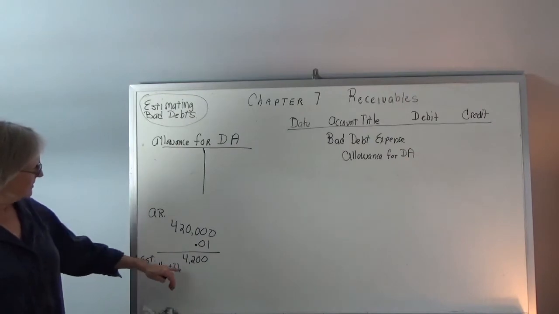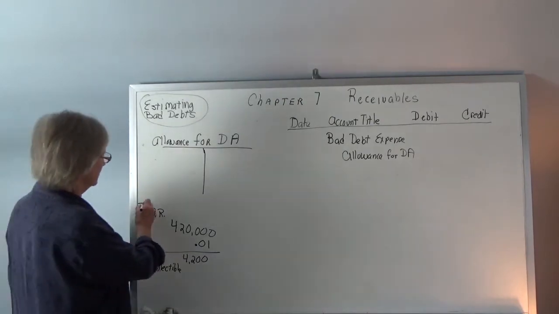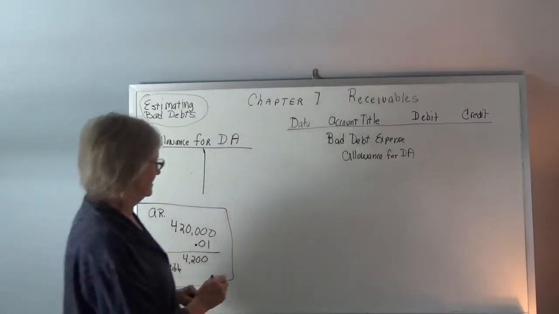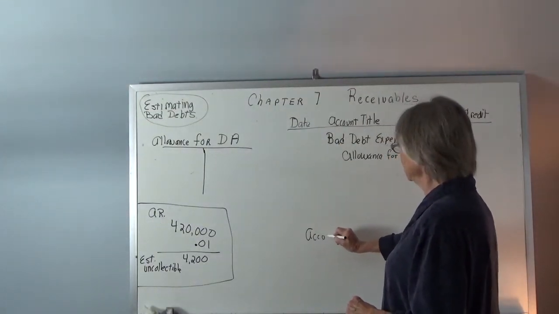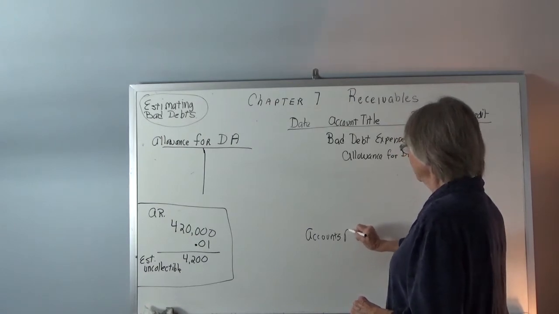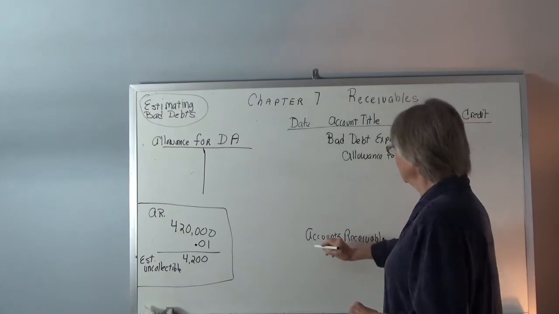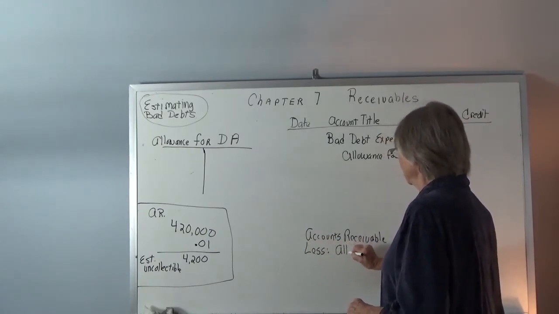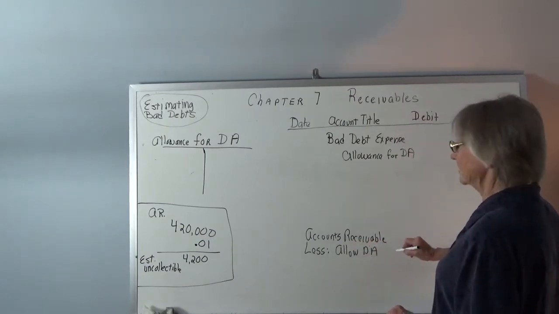And so we're trying to figure out how much that amount should be. If the estimated uncollectible is 4,200, I'm going to take a little side trip here to the balance sheet. On the balance sheet, you've got accounts receivable, and that, as I may have mentioned before, is reported less the allowance for doubtful accounts, and that gives you the net receivables.